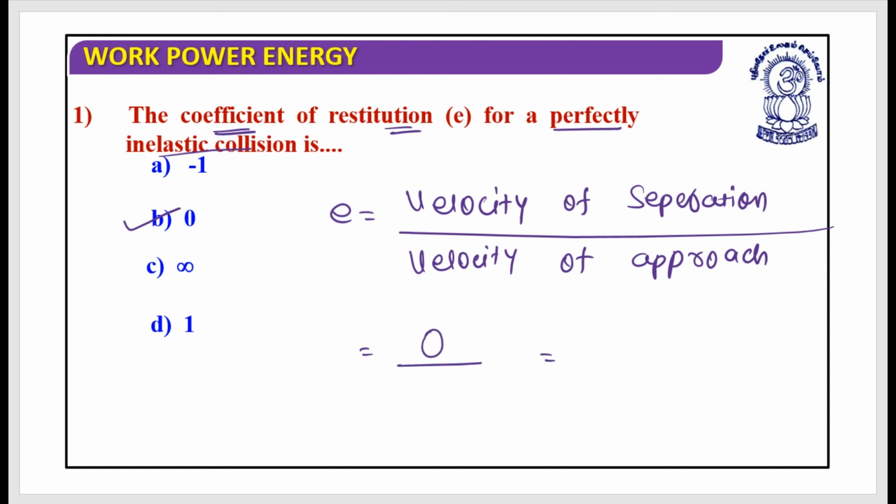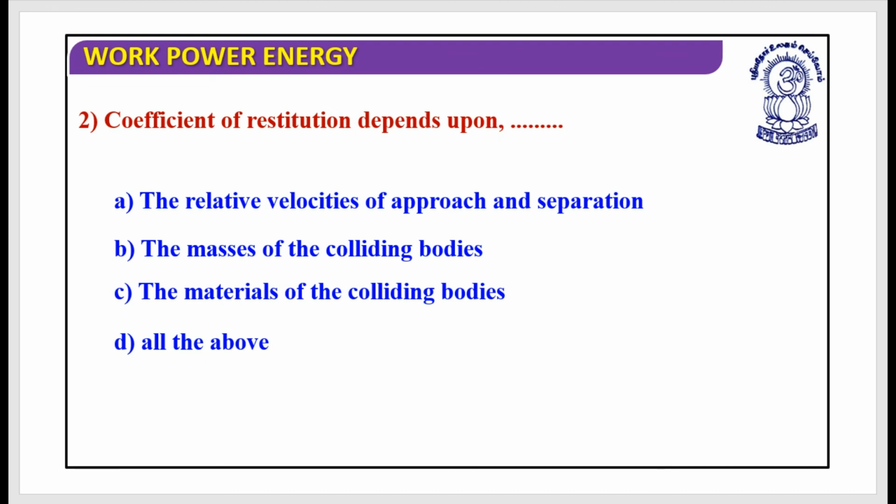Zero divided by anything would be 0. The velocity of approach could be written as u1 minus u2, but it doesn't make any sense here. Is it clear?